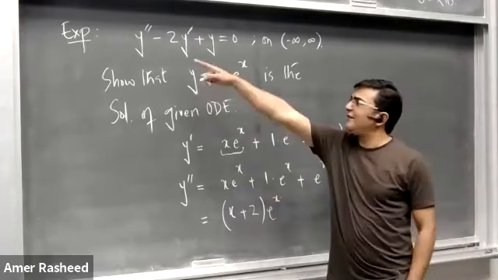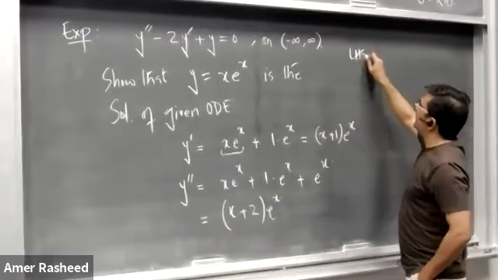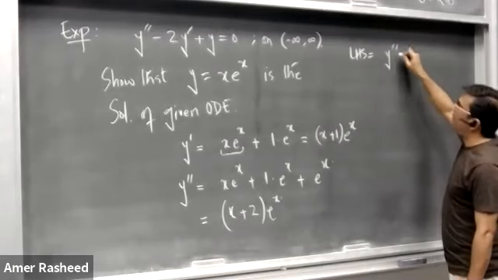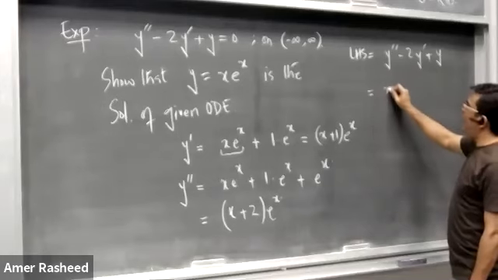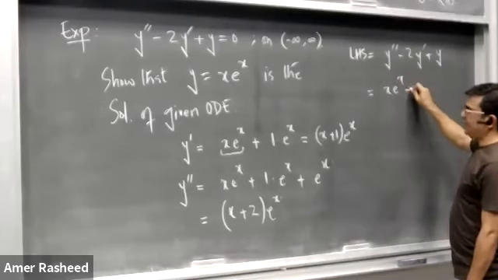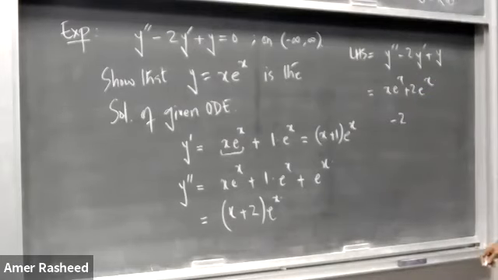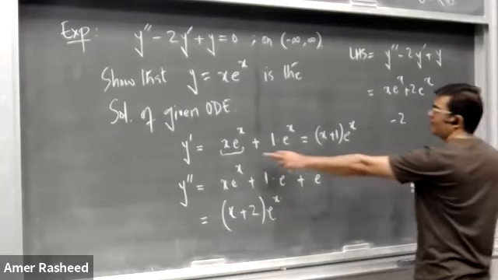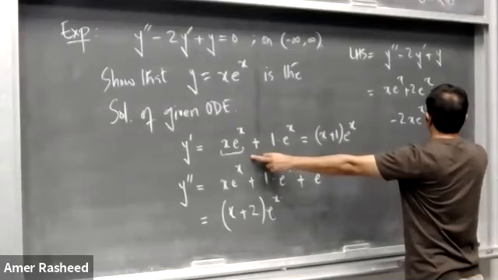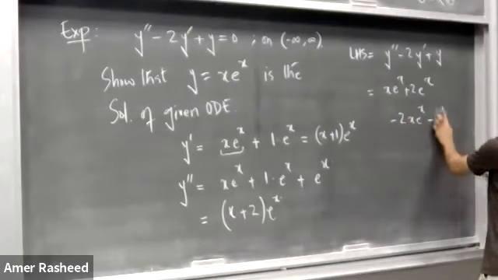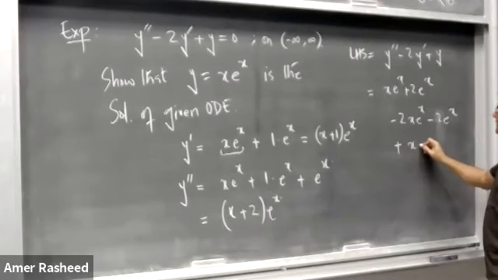Now you put these things here. After simplification, consider the left hand side of that differential equation: y double dash minus 2y dash plus y. Now you put y double dash, which is x e raised power x plus 2 e raised power x, minus 2 times y dash, which is x e raised power x plus e raised power x, plus y, which is x e raised power x.